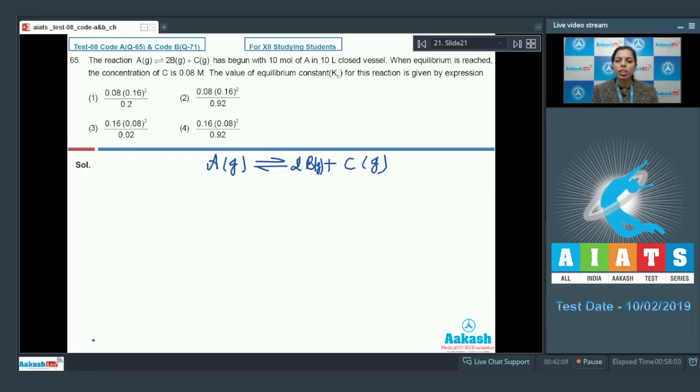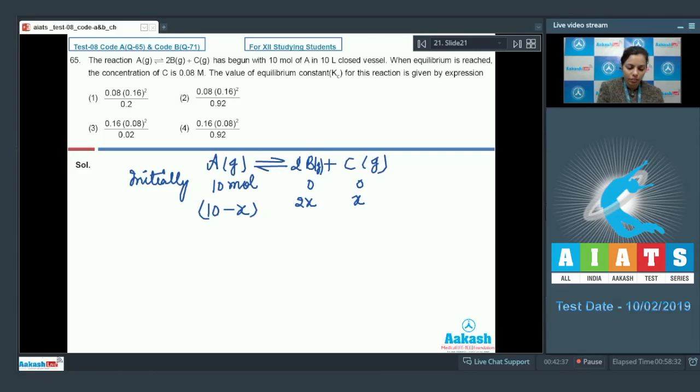The reaction began with 10 mole of A in a 10 liter vessel. So initially 10 moles are there of this A, and let's assume these two are 0. After certain time, x mole of C are formed, so definitely 2x mole of B would be formed, and A is 10 minus x.